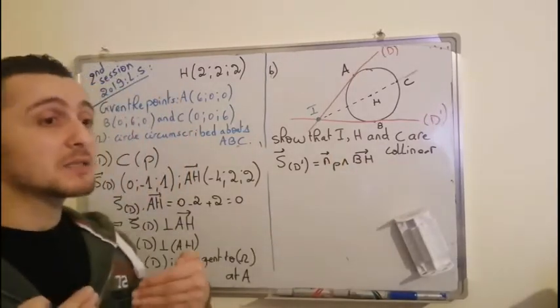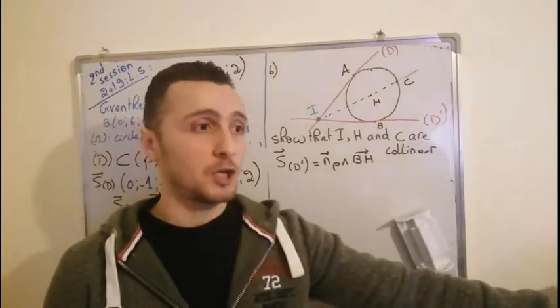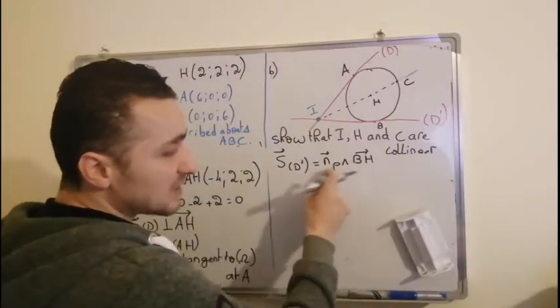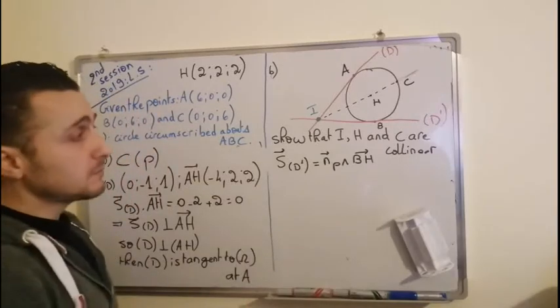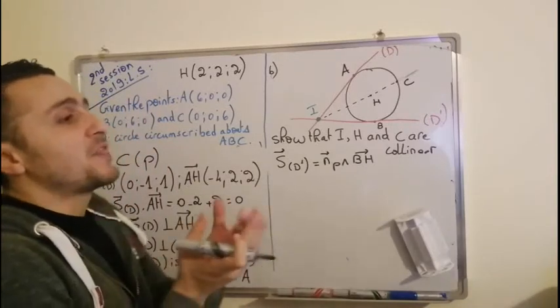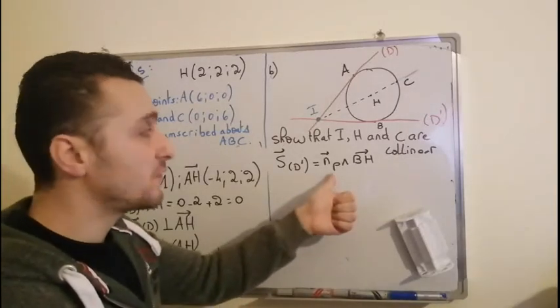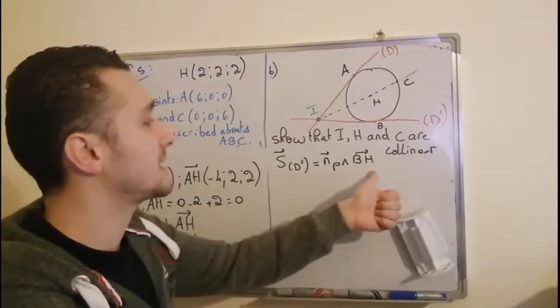By construction of the vector product, the result gives me a new vector perpendicular to the first one and perpendicular to the second one.